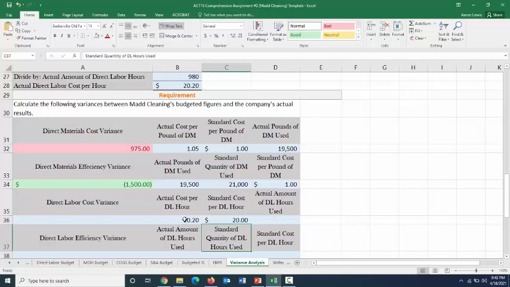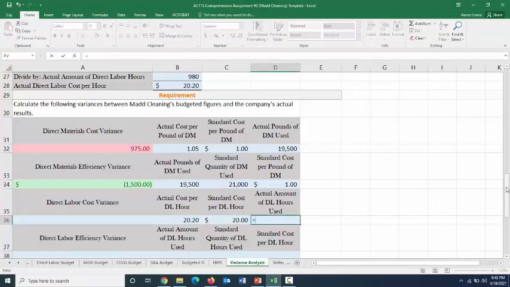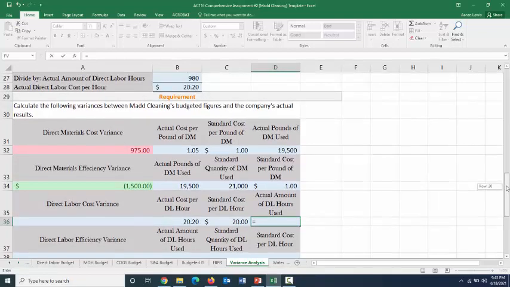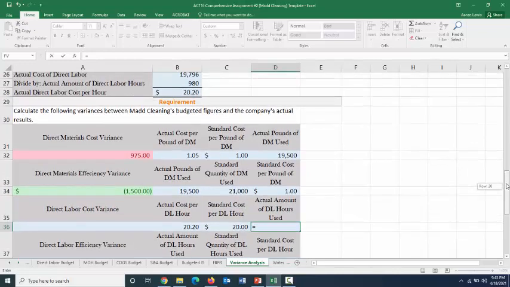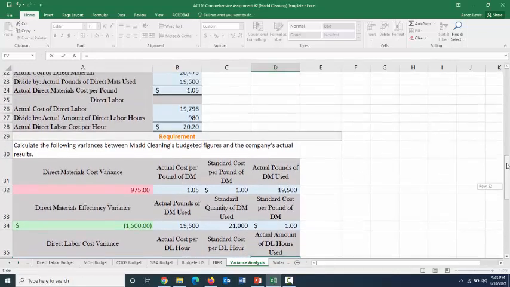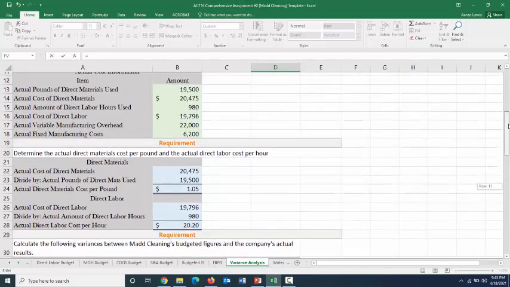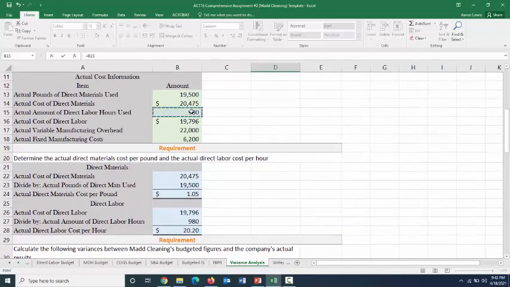Well, if we take the difference between those two, the 20 cents, and we multiply it by the actual amount of direct labor hours that our employees worked, we get the portion of our labor variance which we can attribute to the cost of our employees per hour. The actual amount of direct labor hours used, according to our information, was 980 hours.